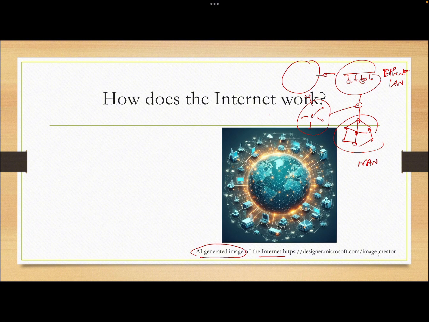This is maybe another star LAN. And this is maybe another WAN. Something like that. WAN 1, WAN 2, and this is a router.